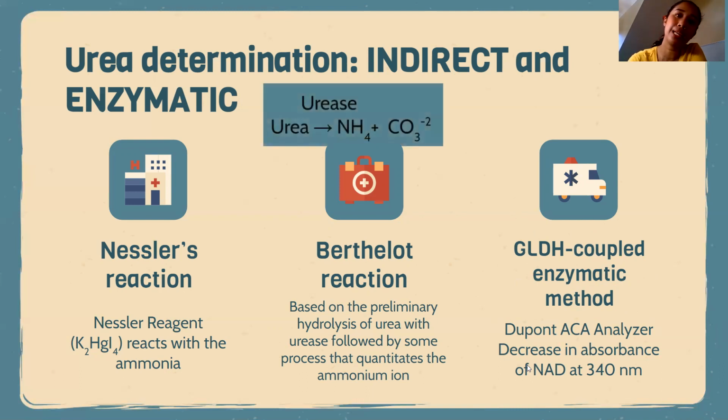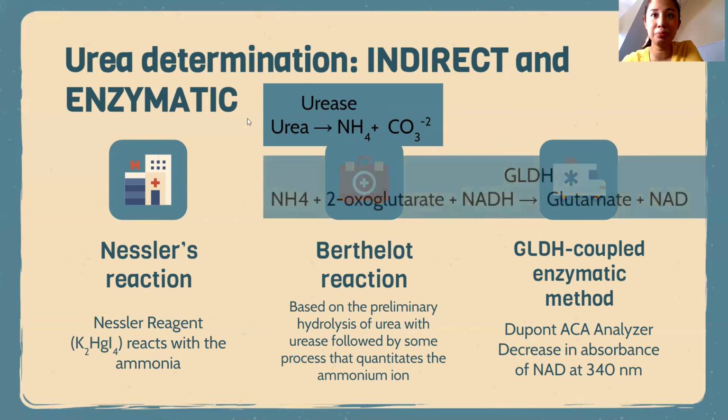Let's look. Class, this is the typical Berthelot reaction. With urease, your enzyme, it hydrolyzes urea into ammonia and carbonate. Now our responsibility is to measure the ammonia via Nessler's reaction, via Kjeldahl reaction, and so on.